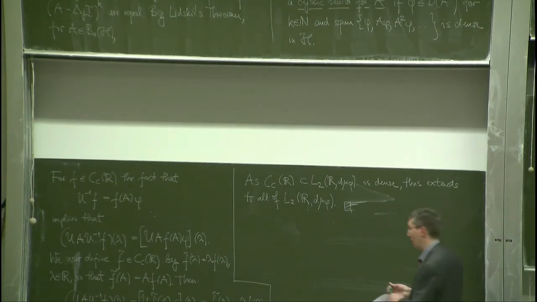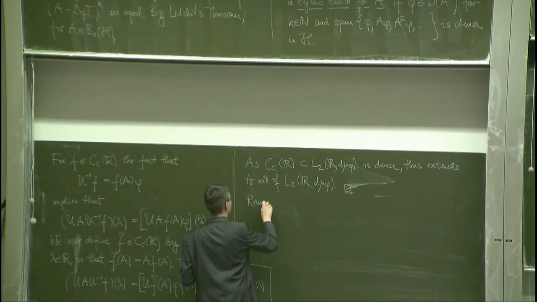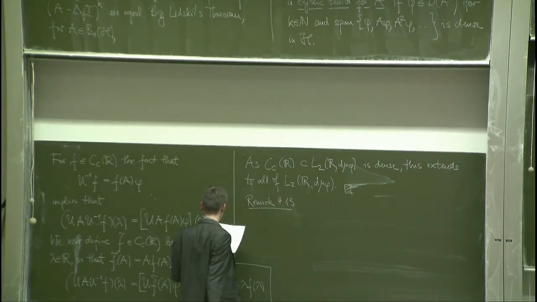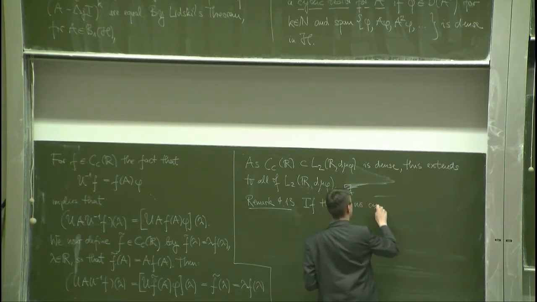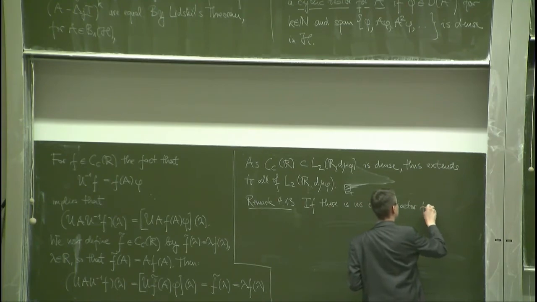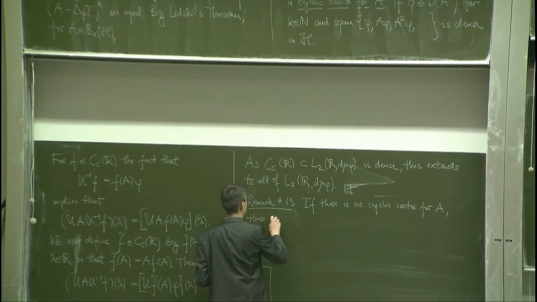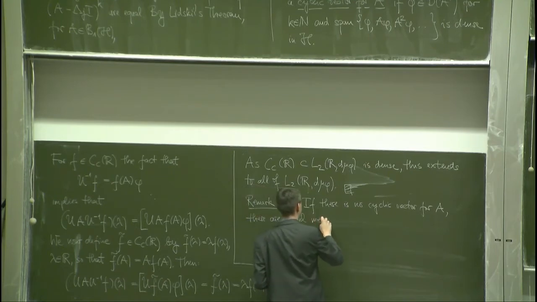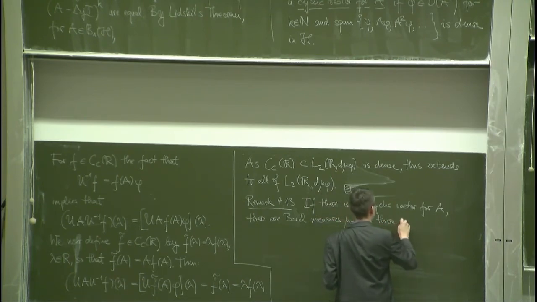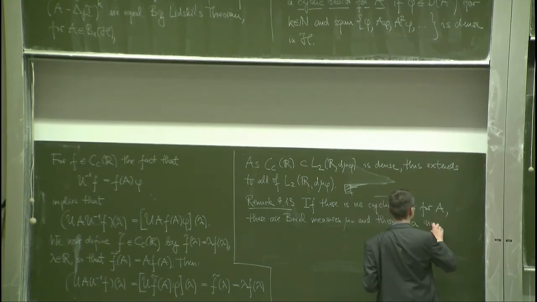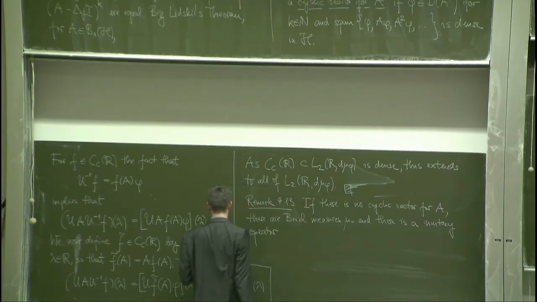Finally, one remark. Remark 4.13. If there is no cyclic vector for A, there are Borel measures mu_n, and there is a unitary operator in the following form.